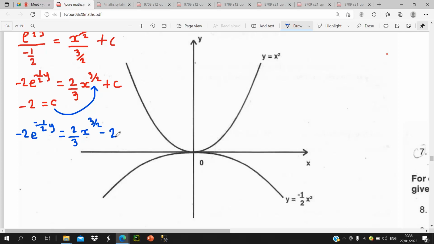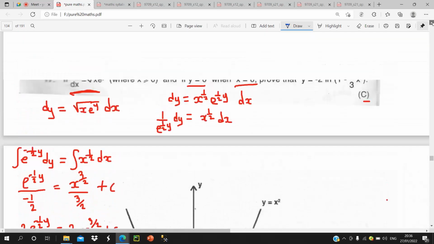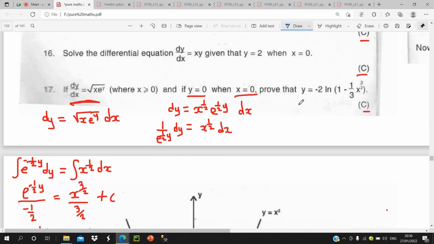Yes. And as you can see, we want to make y the subject because they are saying y is positive. So let's make y the subject here.